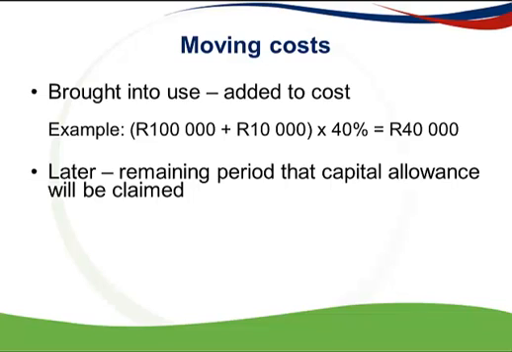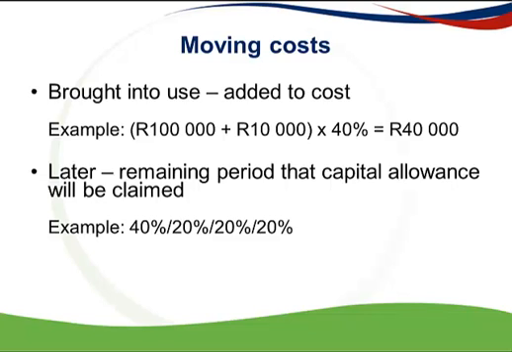If the moving cost is incurred at a later stage though, for example in the second year, then the moving cost is claimed over the remaining period that the capital allowance for this specific asset can be claimed. If you look at an example of a manufacturing asset that is claimed over 4 years at 40% in the first year and 20% in the second, third and fourth year.